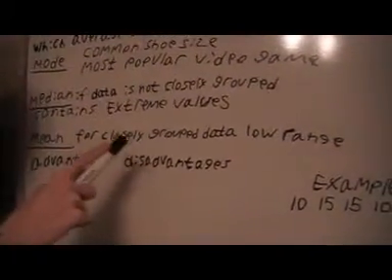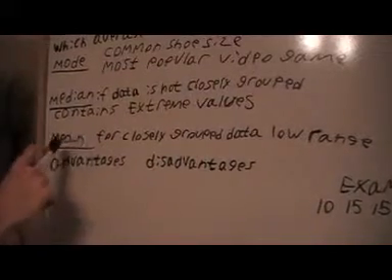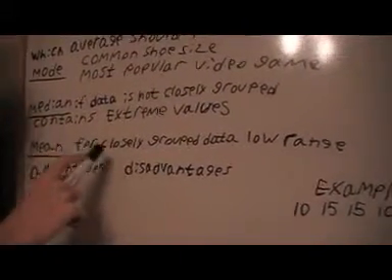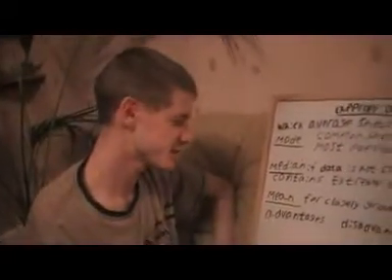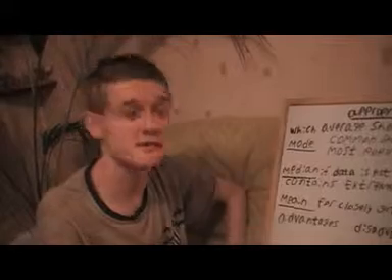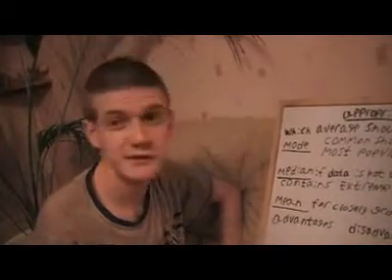Next one's the mean, and this is good for closely grouped data, which means a low range. But the problem is it's affected by extreme values because, of course, it does use all the data. Using all the data is actually an advantage of the mean.